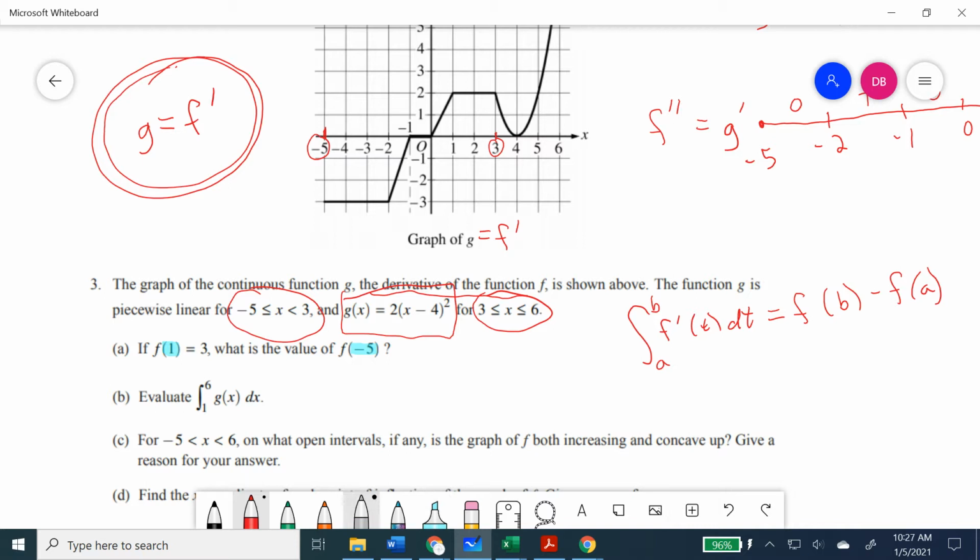And if I allow those to be my a and my b, then I'm going to be able to find f of negative 5 as one of these two expressions. Now, putting things in proper order, for a and b, I'm going to have it go from negative 5 to 1.